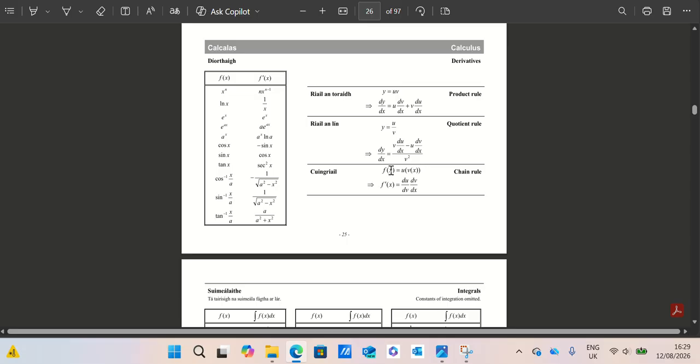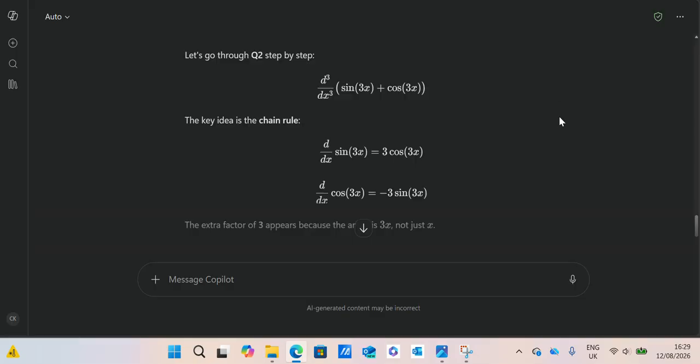I don't have that. I suppose it's 1 sine x, and that's giving me du dv dvx. Oh no, oh no, no, no. Okay, come on then, explain it.